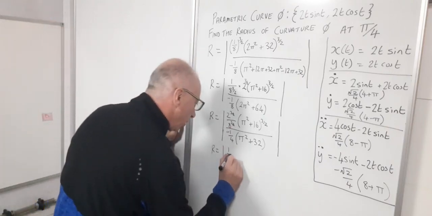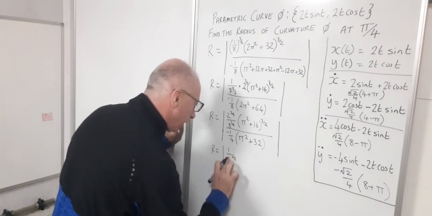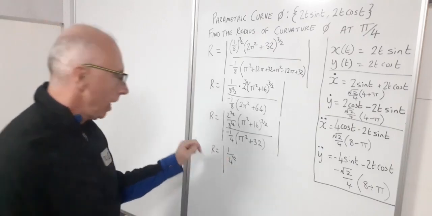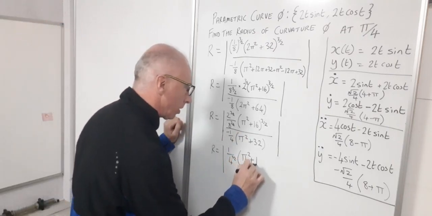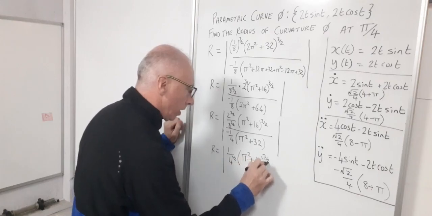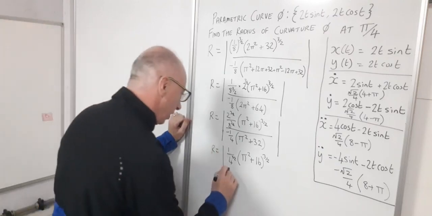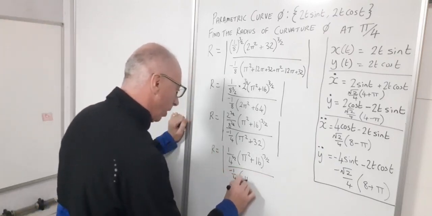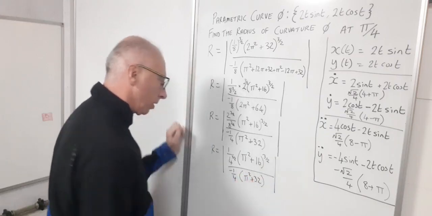So I've got 4 to the power of 3 over 2. And then I'm going to leave this. There's nothing much more I can do with that except work some crazy algebra on that to find what that is. And then I'm going to divide this by minus 1 over 4 pi squared plus 32, all absolute value.